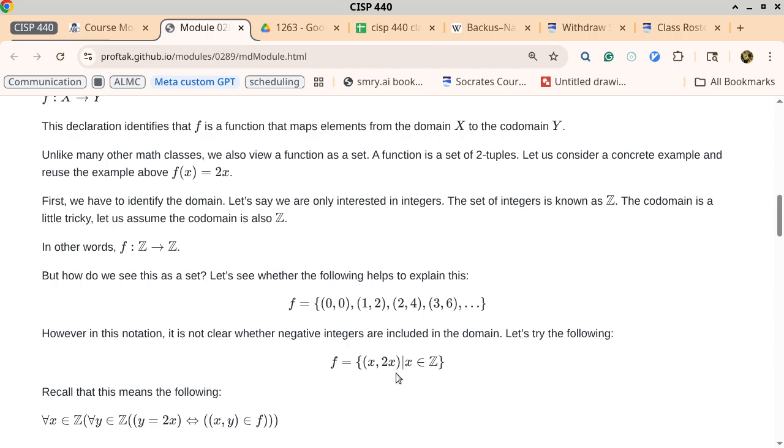So each element of f is a two tuple. Of the two tuple, there's an x, and if you know x already, then the second item of the two tuple is guaranteed to be 2x. The vertical bar lets us limit where x can come from. X can only be an integer in this case. Is that notation okay so far?